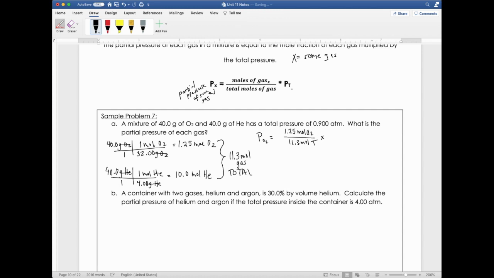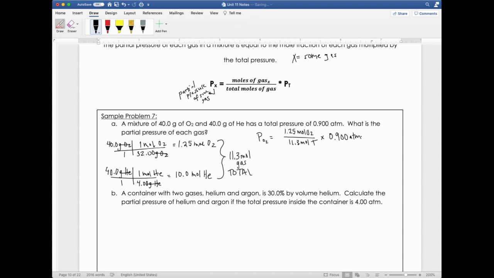And the total pressure in the system, both of these gases, has a total pressure of 0.9 atmospheres, 0.900. So it's almost like a percentage. So you know that 1.25 of the 11.3 moles of that gas is oxygen.